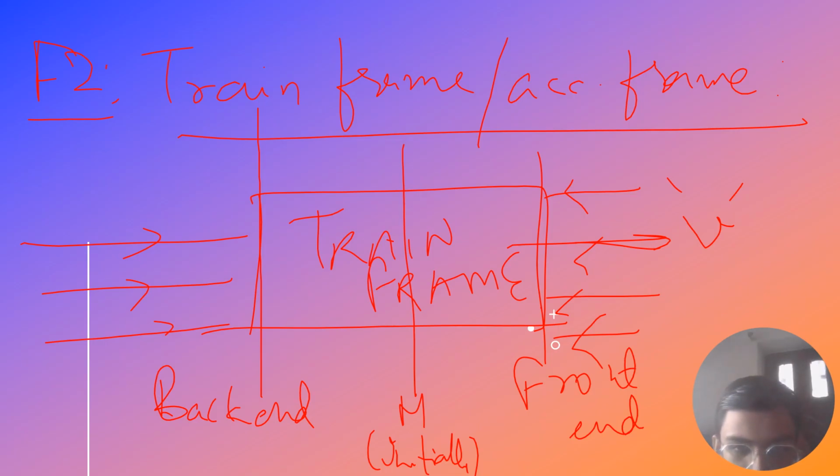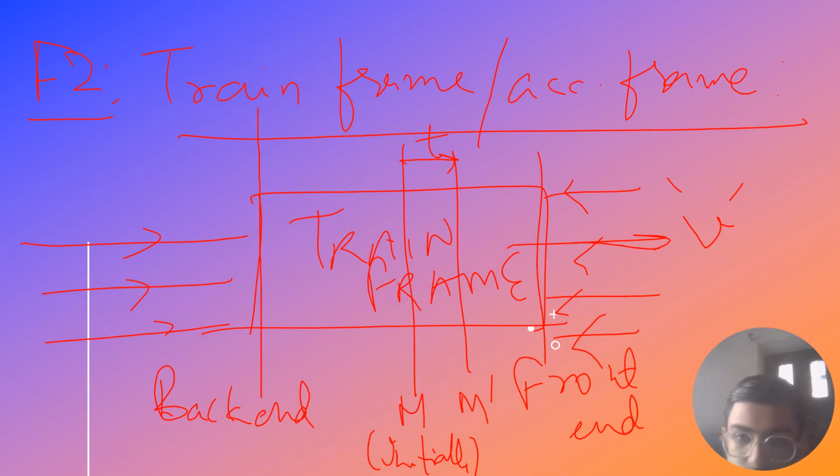Now when the train is moving in the forward direction, the midpoint is also shifting forward, and after some time t it is at position M dash. As the train moves forward, the midpoint comes closer to the front end and is at more distance from the back end.